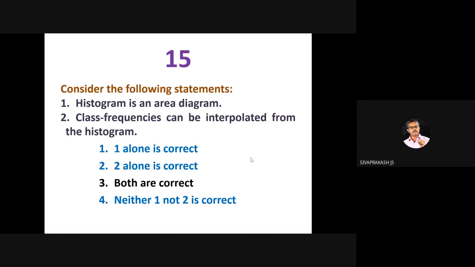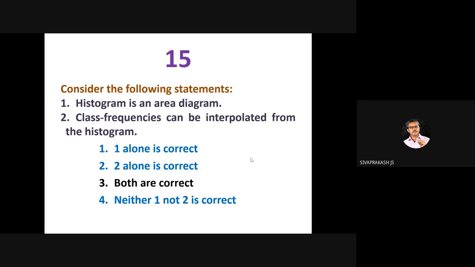So consider the following statements. Histogram is an area diagram. Right? Histogram is a continuous bar. Area diagram, what does it mean? It covers a particular area.